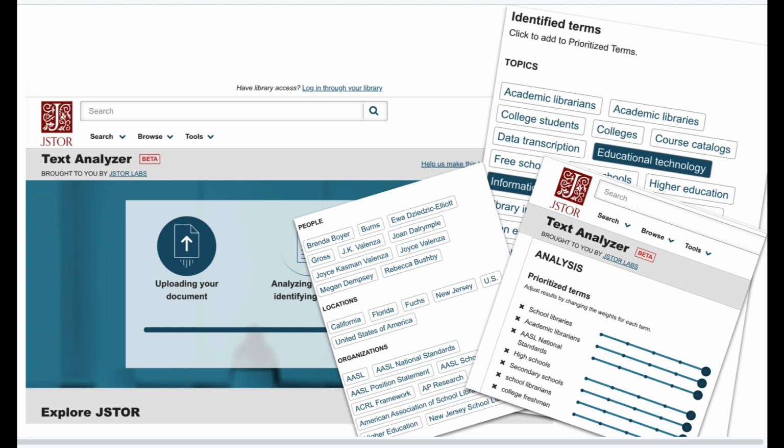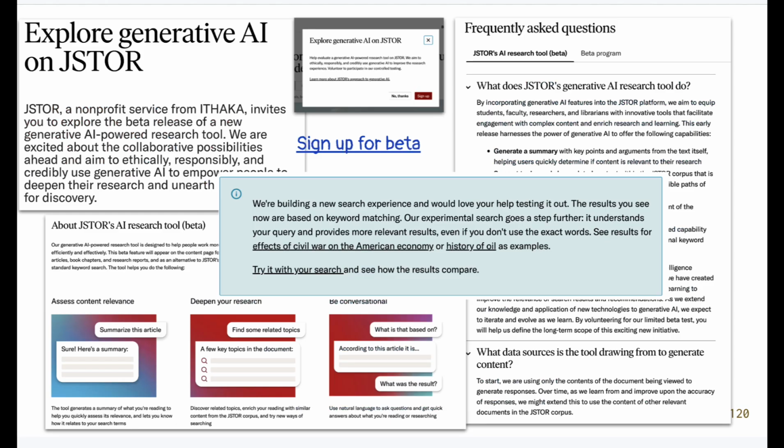So you can use the locators, the people, and these post-search filters or facets, and you can also use those sliders.